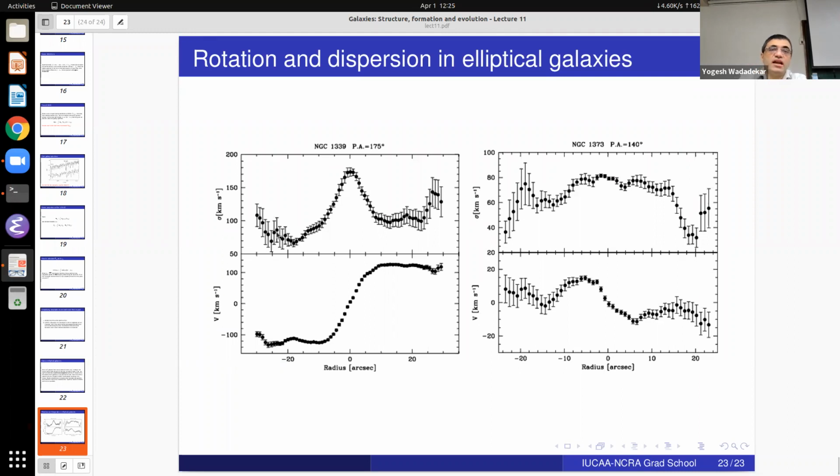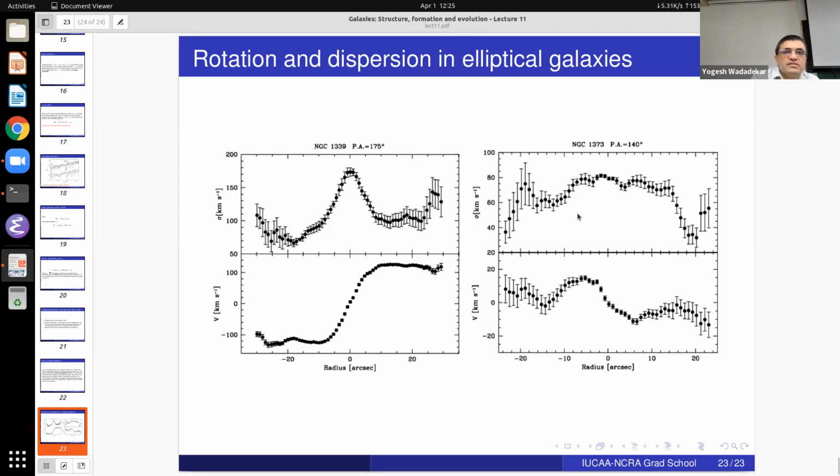Both of these are elliptical galaxies, and this is the distribution of the velocity dispersion. The velocity dispersion has a very clear peak at the center. So if you want to measure the central velocity dispersion, then you measure this value.